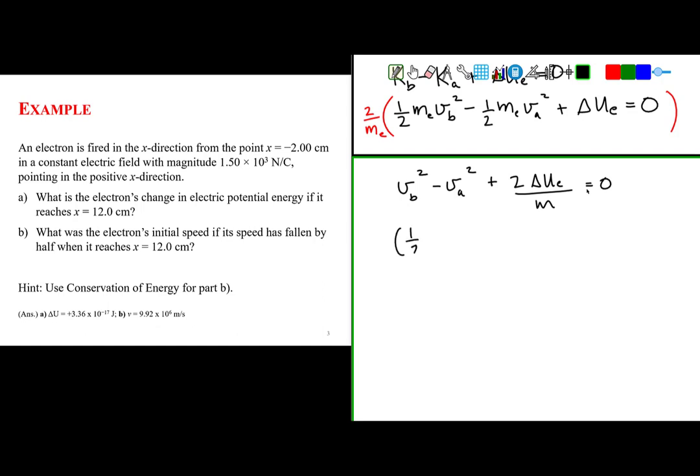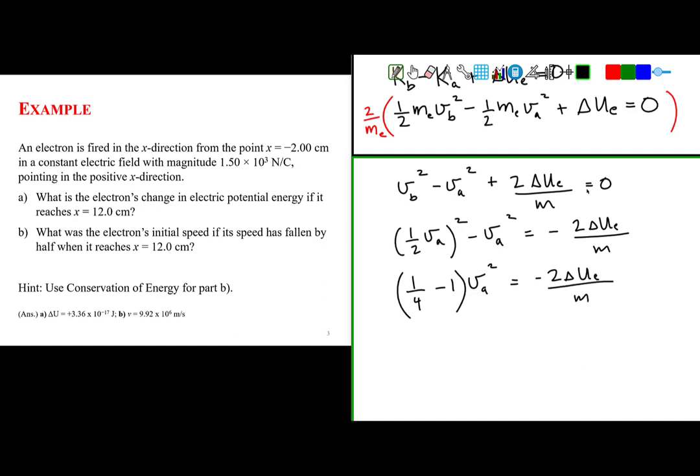The final speed squared is equal to 1/2 the initial speed squared minus the initial speed squared. And I'll move the potential energy term to the other side. So this becomes 1/4 minus 1 times the final speed squared is equal to minus 2 times the change of potential energy over m.